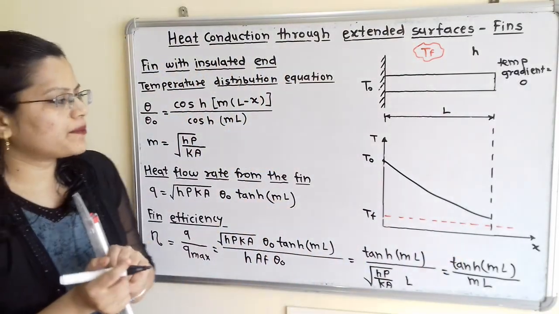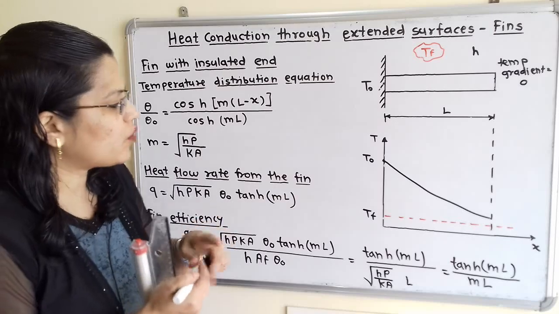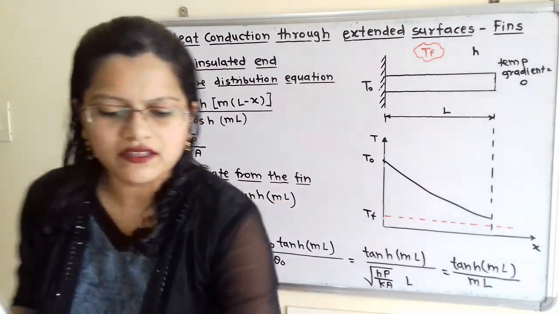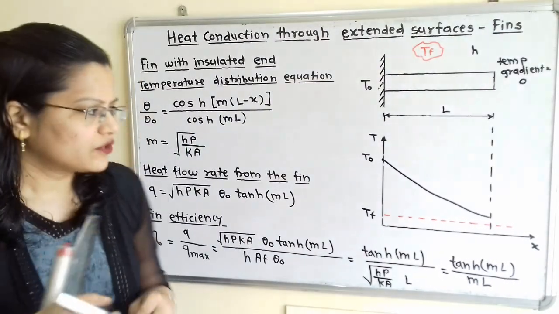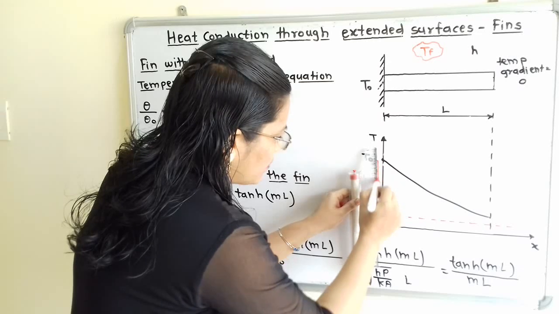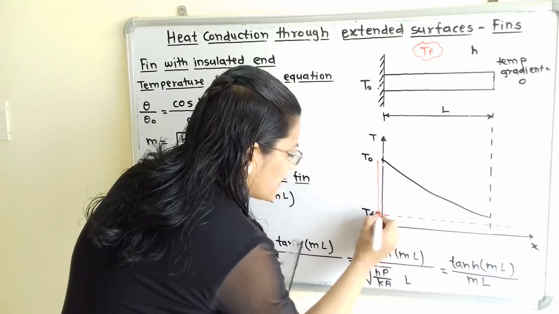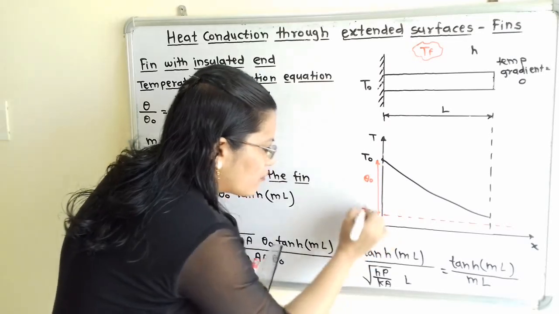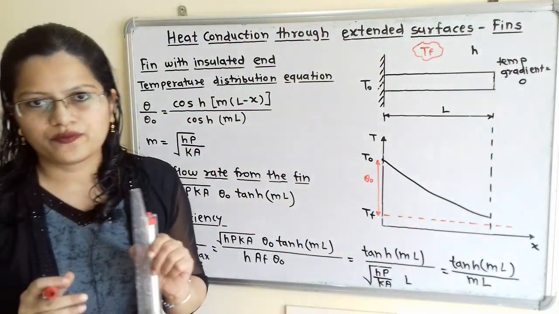Now what is the temperature difference, that is T0 minus Tf. This temperature difference we will consider as theta 0. I will show this temperature difference with the help of the diagram. This temperature difference is known as theta 0, and in the formula we have to consider this theta 0.